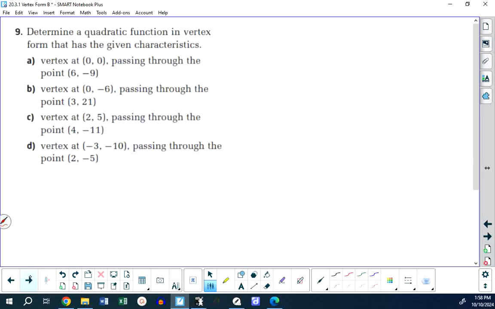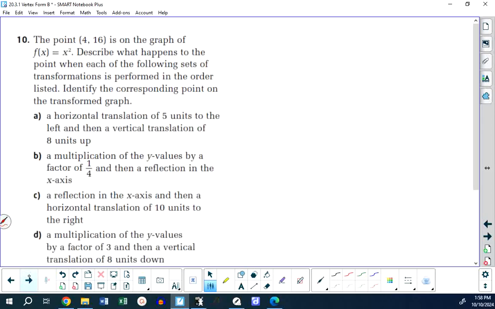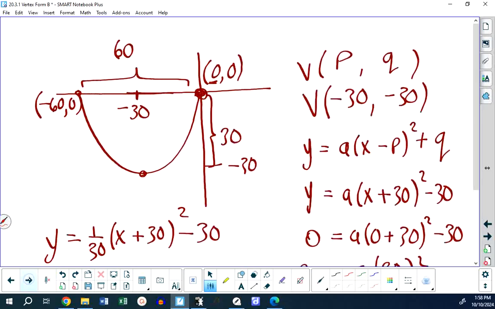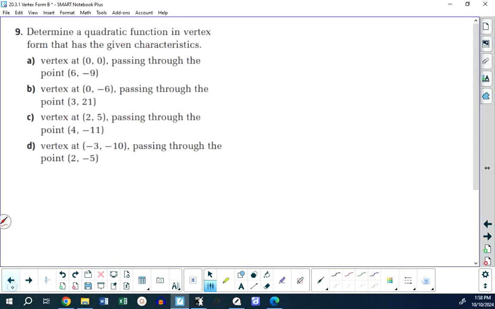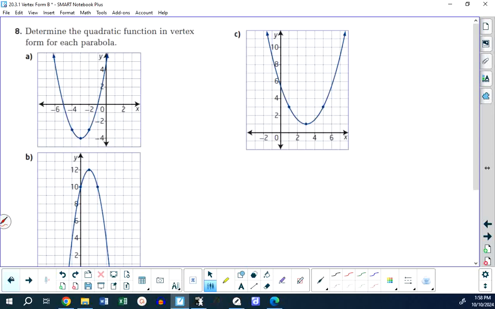No. I want you to do 8 and 9. Missing parameter problems. We'll get back to the whole x and y intercept later, but do 8 and 9. That's what I want you to get done for Monday, or Tuesday rather.